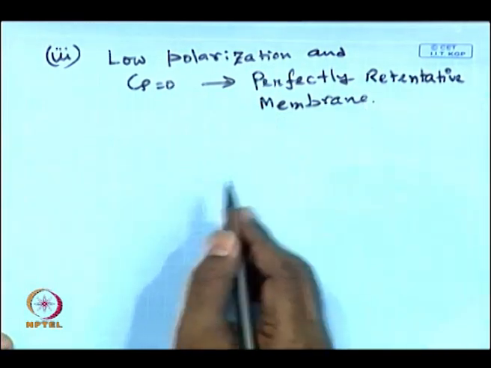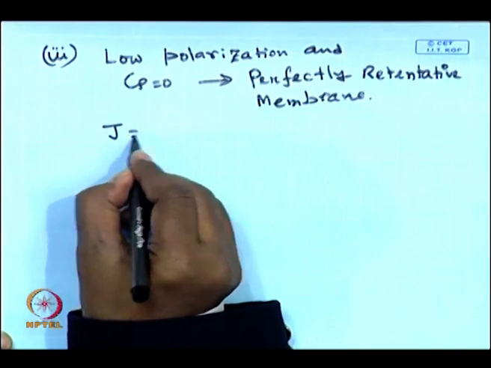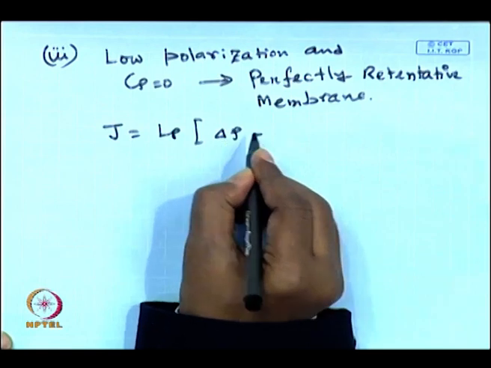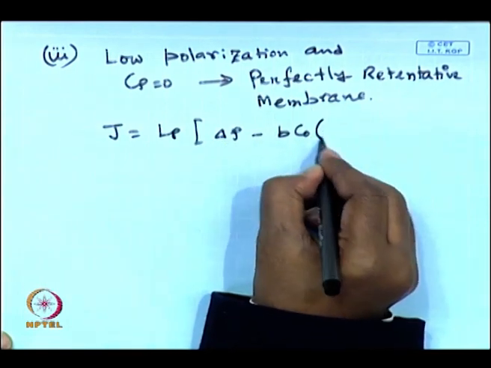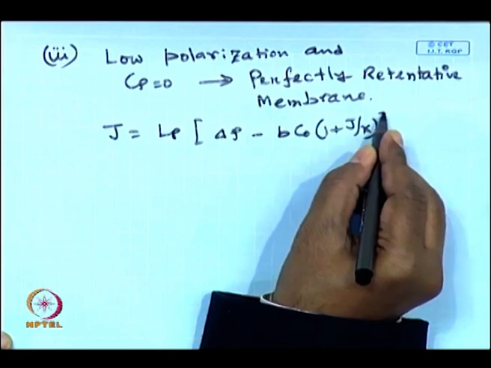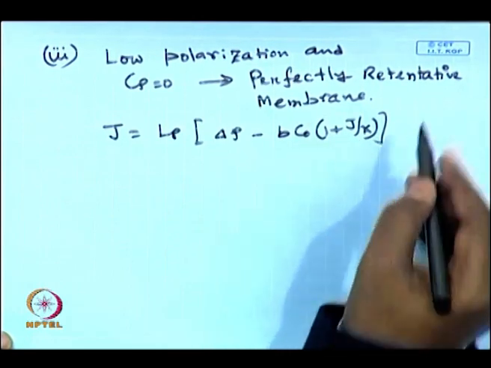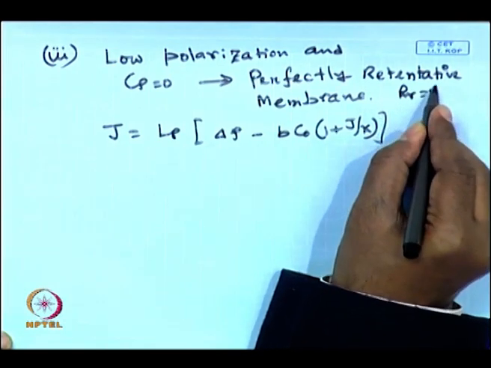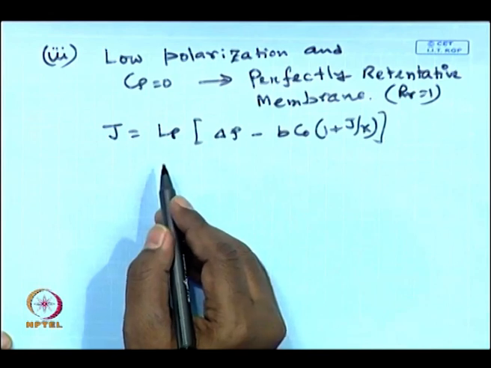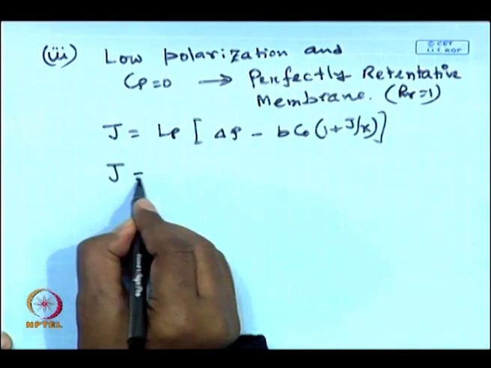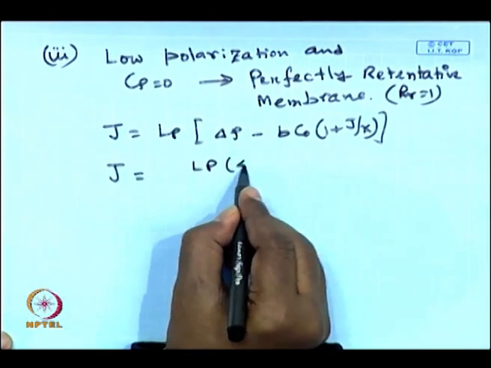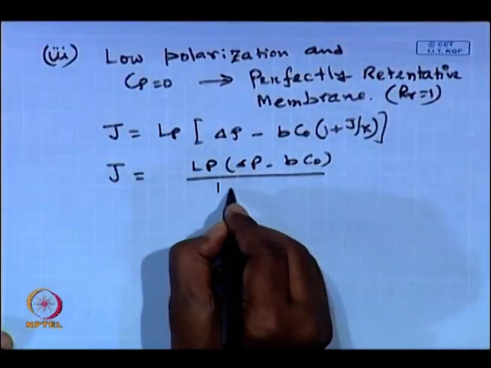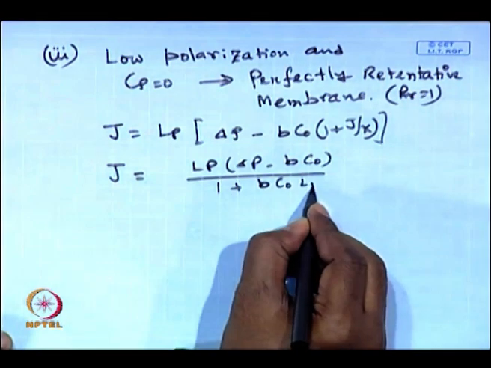In this case the expression becomes simplified further: J is equal to Lp delta P minus B C naught into (1 plus J by K). Under this condition, your real retention becomes 1, and one can have a simplification of this as Lp into (delta P minus B times C naught) divided by (1 plus B C naught Lp over K).